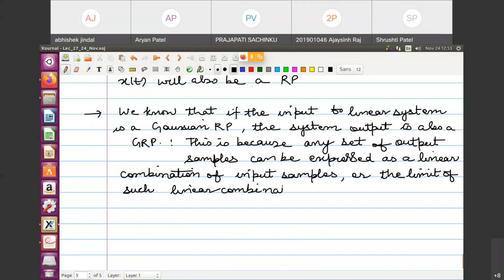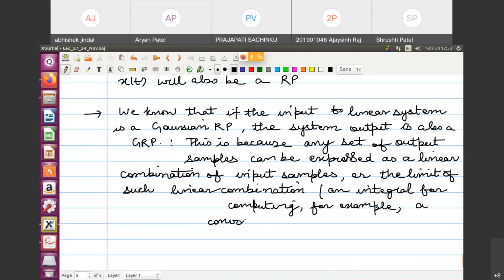I would suggest that if you can read these lines, those who are attending, they are very important and integral for computing. For example, a convolution is the limit of a sum. Okay.